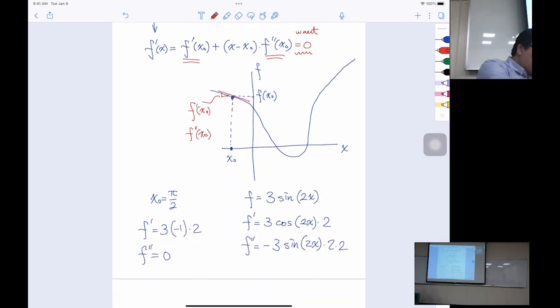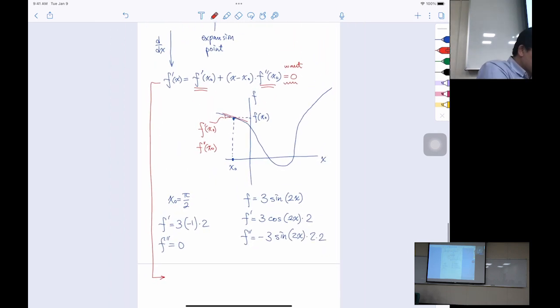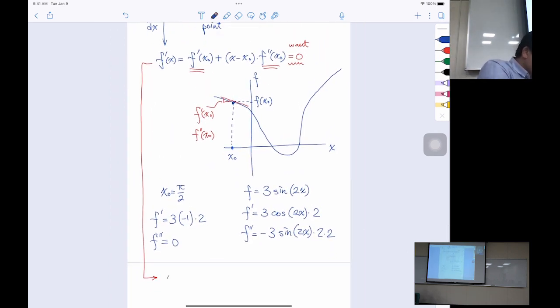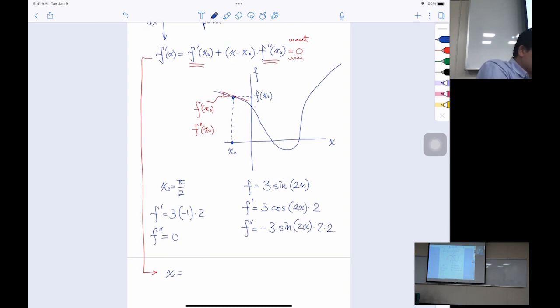So with this, let's take a look. Let's rearrange the function. Correct?